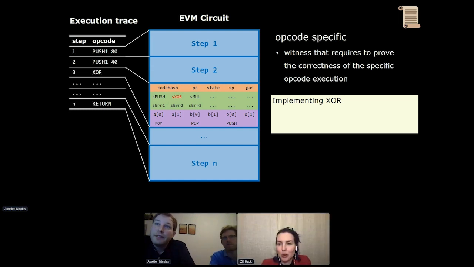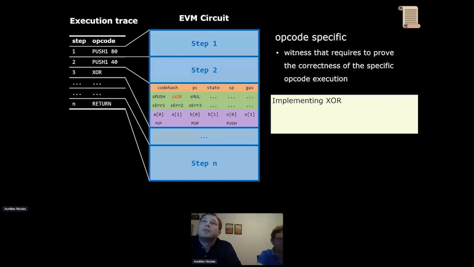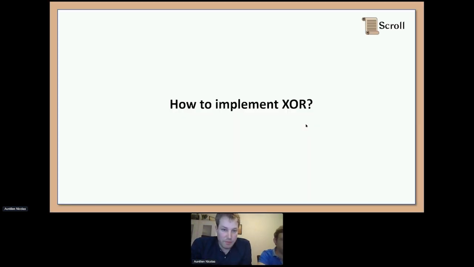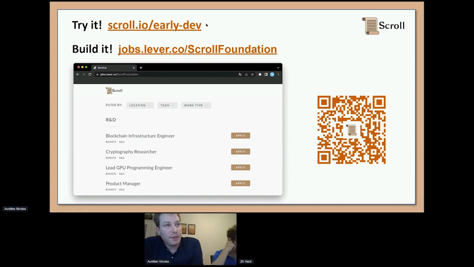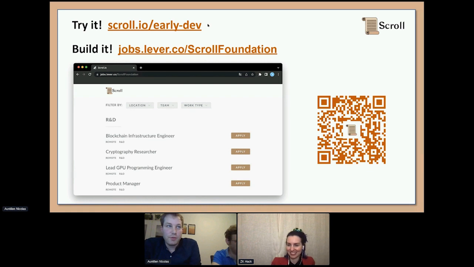Another question was, what can a community do to improve Scroll? So you can try it. That's very useful. Try your smart contracts and tell us if it works, if your MetaMask works.